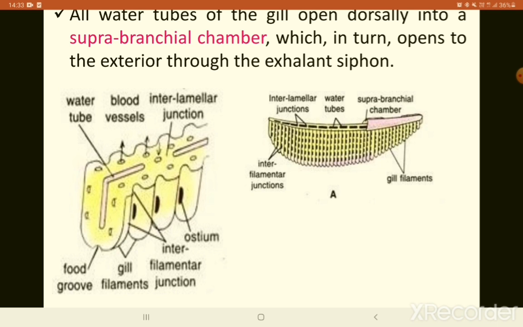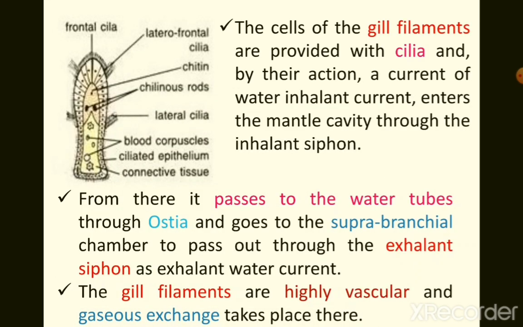So like this, you have one ventral food groove and also two dorsal food grooves on each side at the base of the gills, which facilitate the movement of this food cord, where the food particles are entangled in the mucus.